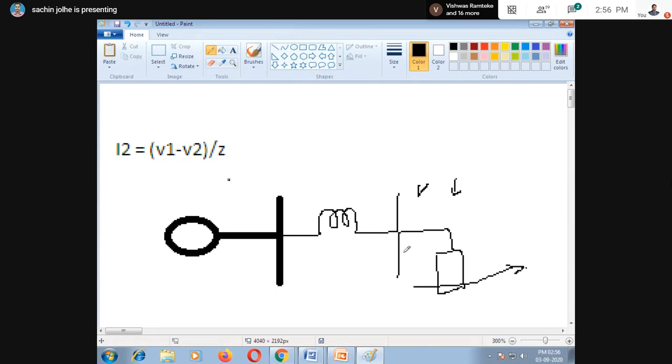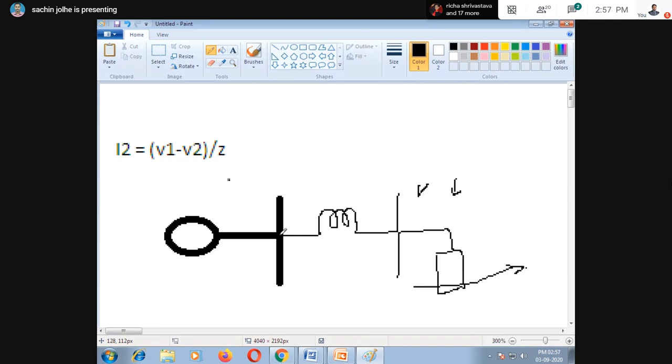There is no load on the system, and the speed of the generator is going to increase. The generator speed depends upon the turbine speed. Normally, there are two types of turbines: one is the steam turbine, and the other is the hydro turbine.